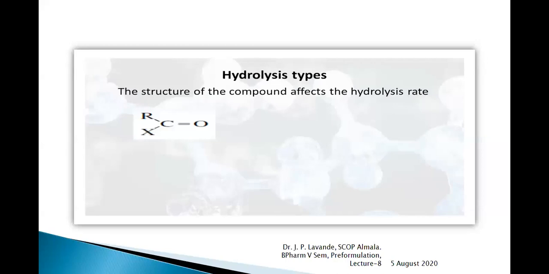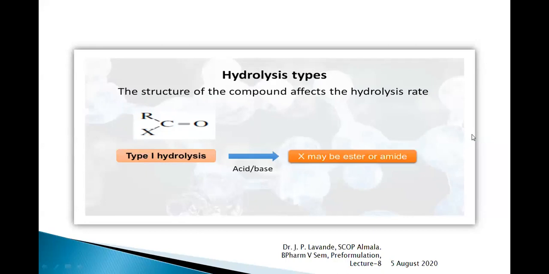The structure of the compound affects the hydrolysis rate. There is RCX, where X is any group, and there is O. Type 1 hydrolysis is the hydrolysis when the X is either an acid or amide, and then the type of hydrolysis which occurs is said to be type 1 hydrolysis.